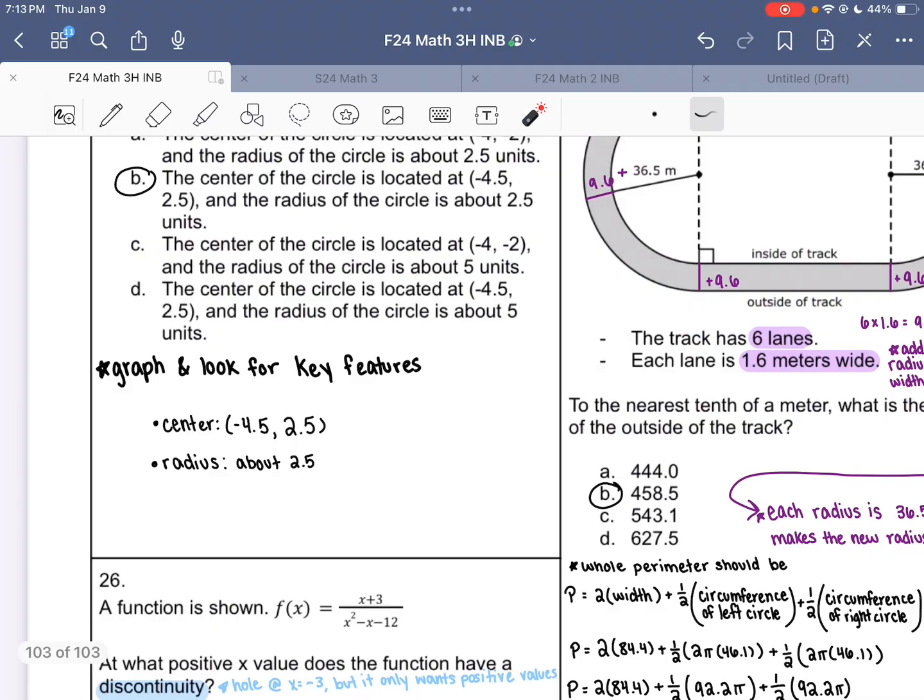So on my end, it looks like the center was about -4.5 and 2.5. And from there, I guesstimated when counting out for the radius, and it looks like it's about 2.5. You can't be exactly precise, but having multiple answer choices helps.